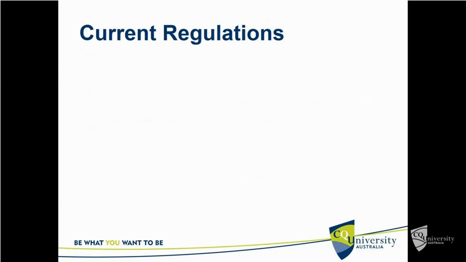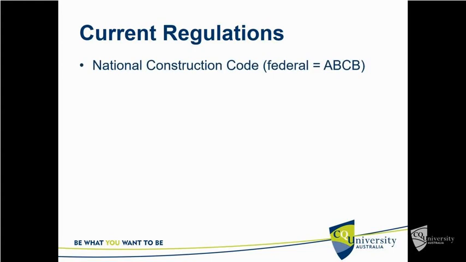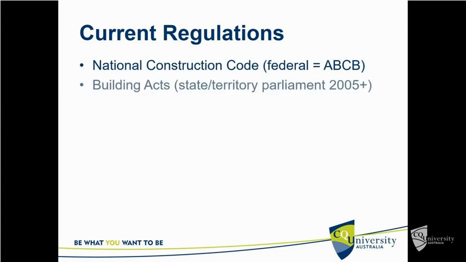The regulations at the present time, we've got the National Construction Code, federally the ABCC. We quite often refer to it as the BCA, Building Code of Australia. Building Acts, each state has its own act, and there's also the federal one above those.